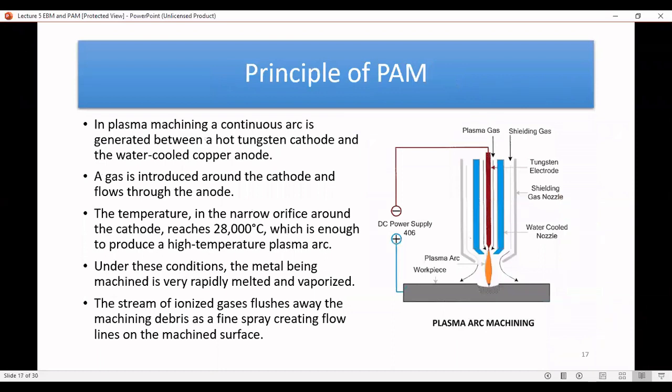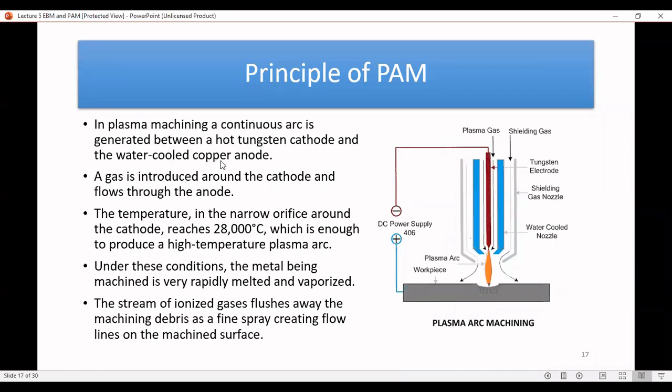So in plasma machining, the continuous arc is generated between the hot tungsten cathode and the water-cooled copper anode. So basically, in this particular plasma machining, this is the cathode itself, which is made of tungsten, right?